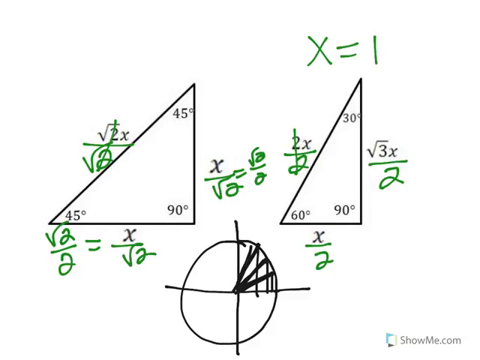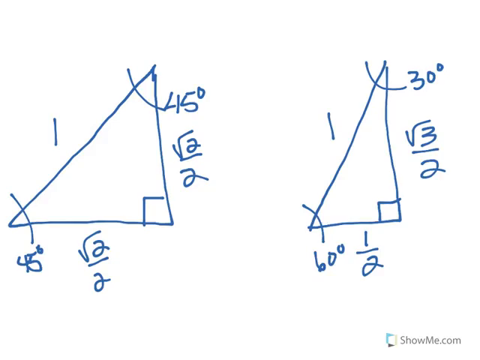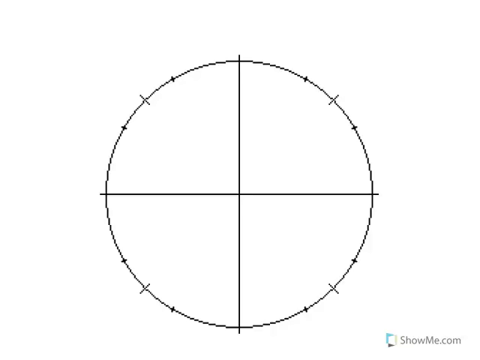So these are our special triangles. The 45-45-90 is square root of 2 over 2 on either side with a hypotenuse of 1, and the 30-60-90 is square root of 3 over 2 on the long side, 1/2 on the bottom, and 1 on the hypotenuse. Just keep these in the back of your mind because they're going to be really important.